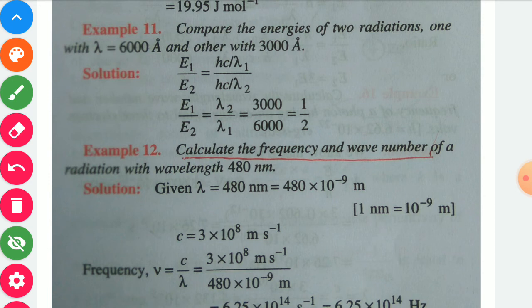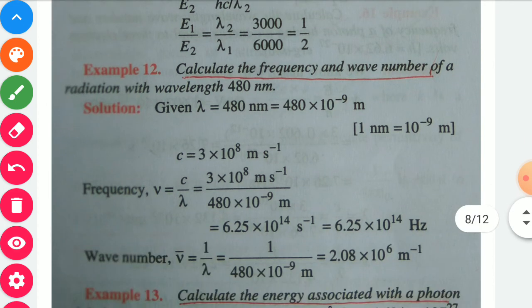On putting the value c, that is 3 into 10 power 8 meter per second, and lambda which is given 480 nanometers, that is 480 into 10 to power minus 9 meter, on solving it will be 6.25 into 10 power 14 per second. At the place of per second we may write hertz also. So frequency nu is equal to 6.25 into 10 power 14 hertz.